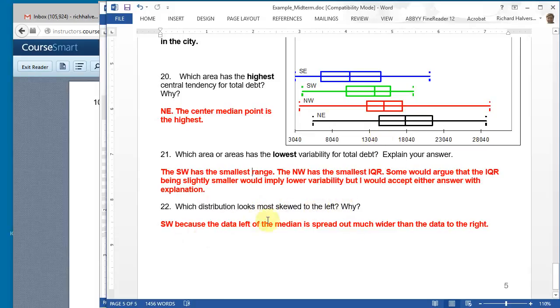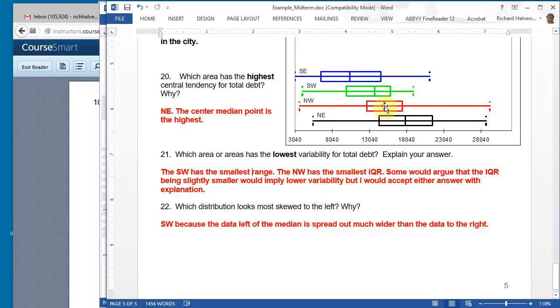And the southwest does, because we see the median is here. We see that the data to the left is spread out much more than the data to the right. So that implies that it's skewed to the left.